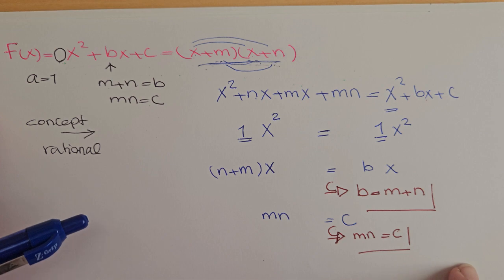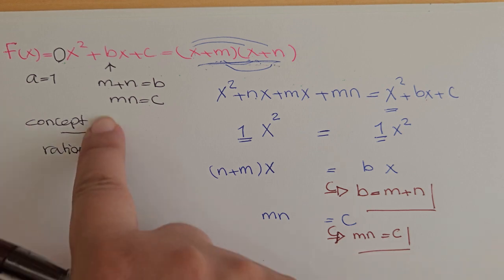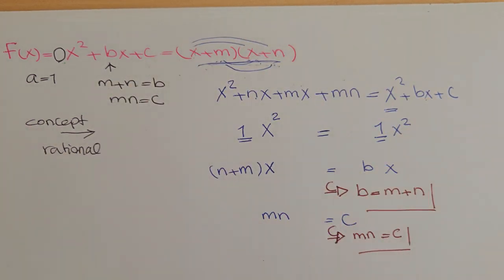This part of the video shows you the concept behind it. And for you guys, it's very important at least to revise or to learn the concept, because when you're dealing with more complex problems, you can generalize the concepts into bigger problems.